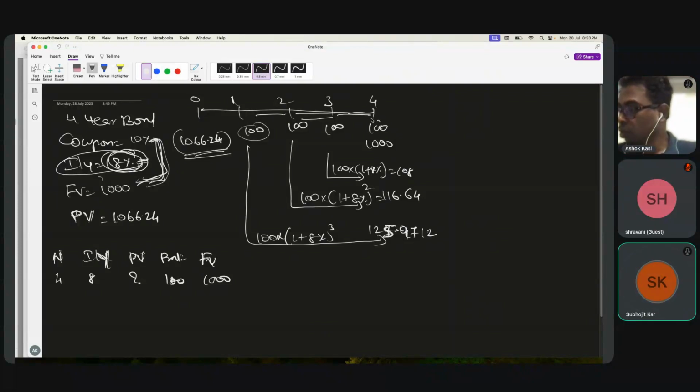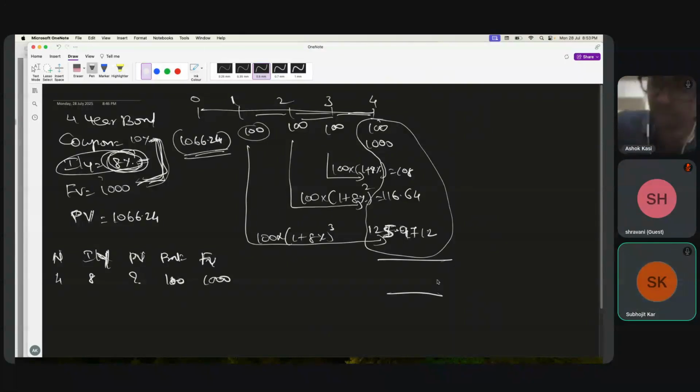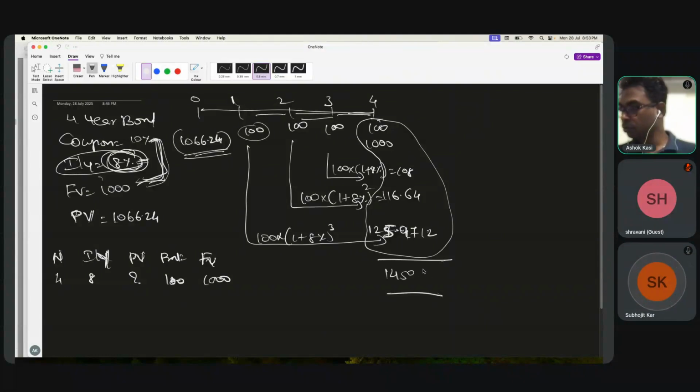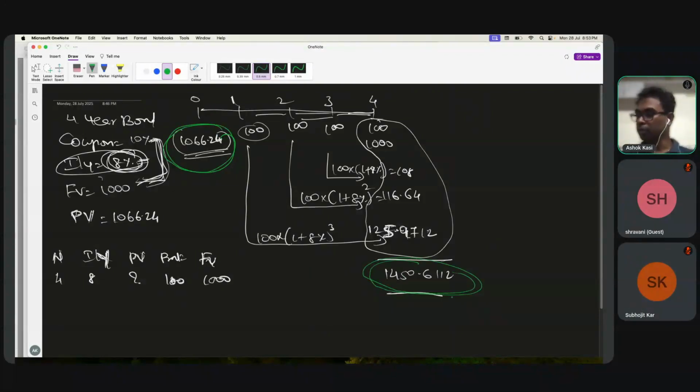So overall, these are your cash flows. Just add up all of this. 1450.6112. So I can say that I invested 1066.24 and I am going to get 1450.6112.